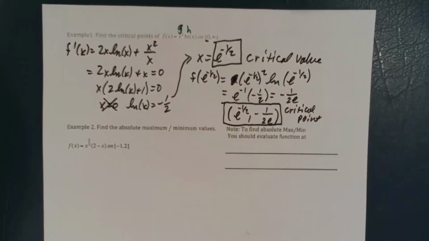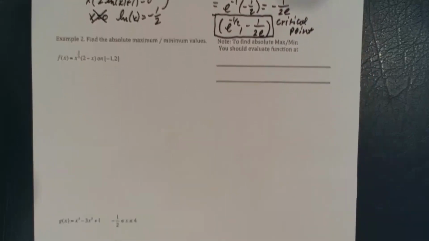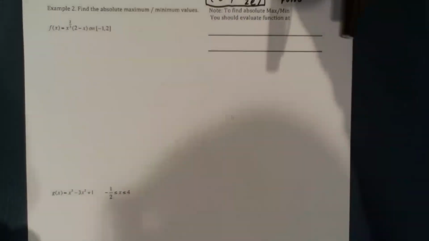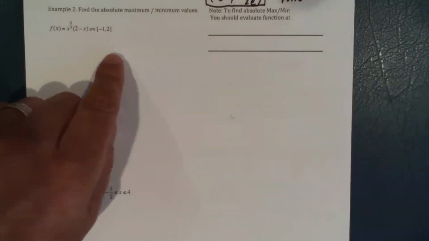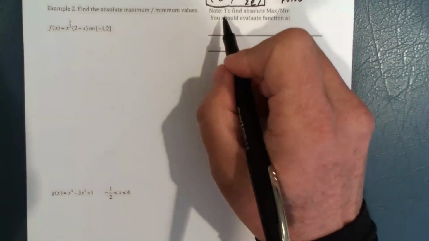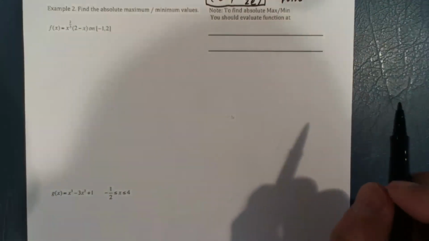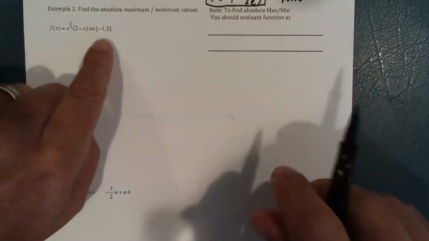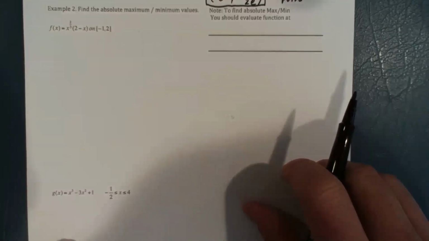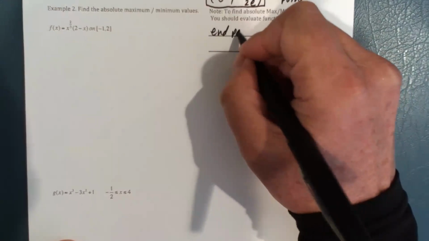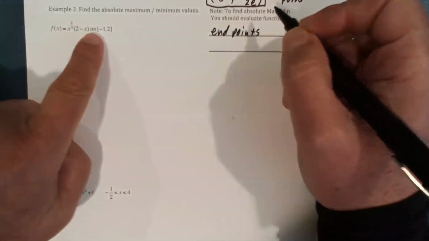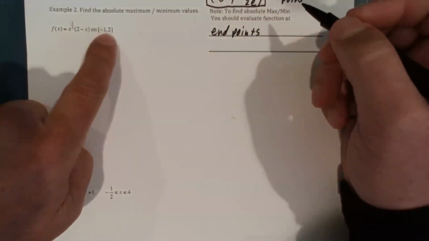All right, this next one gets a little messy. Find the absolute minimum and maximum values. Now, when we're on an interval like this, in fact, this note here, to find the absolute minimum and maximum on an interval, this is specifically when we have an interval, we need to test the endpoints. So the endpoints, in this case, we need to know also when x equals -1 and when x equals 2.